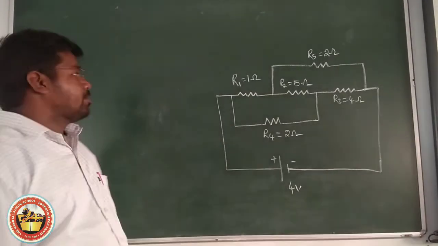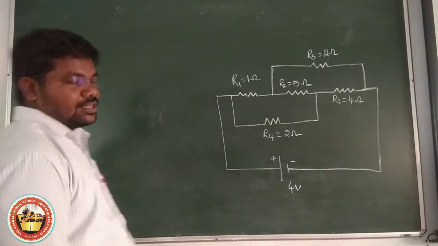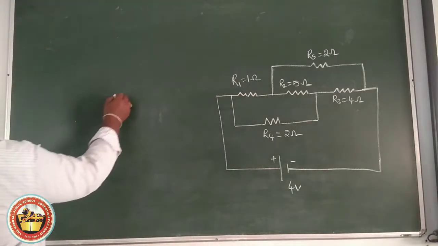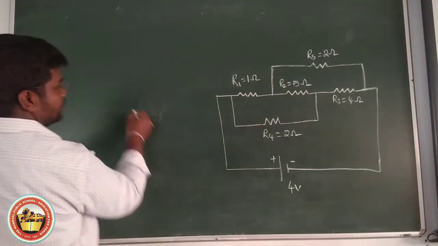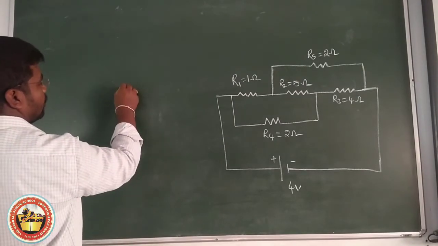Please observe. We can change this into a Wheatstone bridge. In the middle, the resistance is 5 ohms.